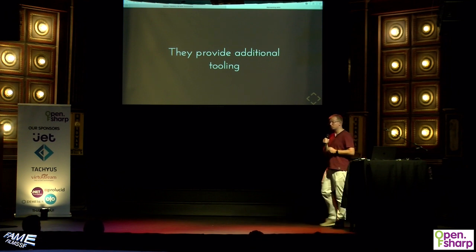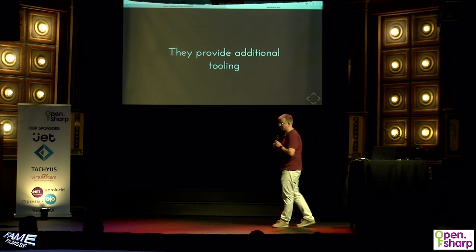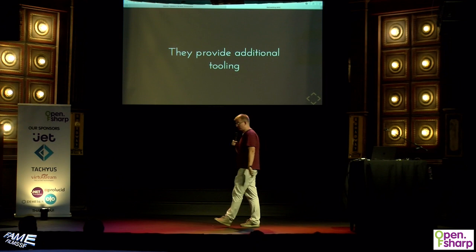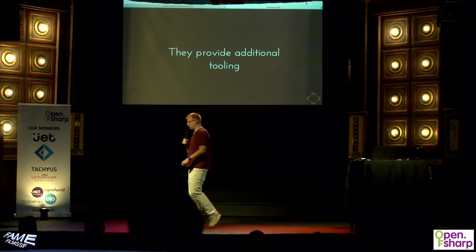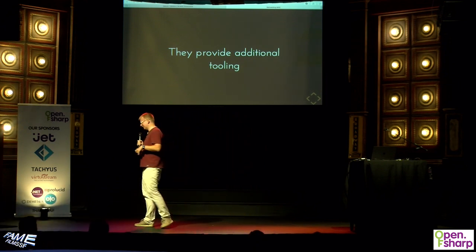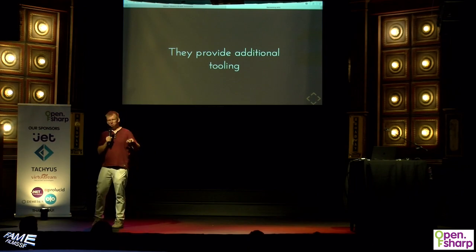And what's also a result of the structure, they provide additional tooling. It turns out that editor tooling, and probably, if you follow me on Twitter or something like that, you know that I have this weird thing for editor tooling, and developer tooling in general.